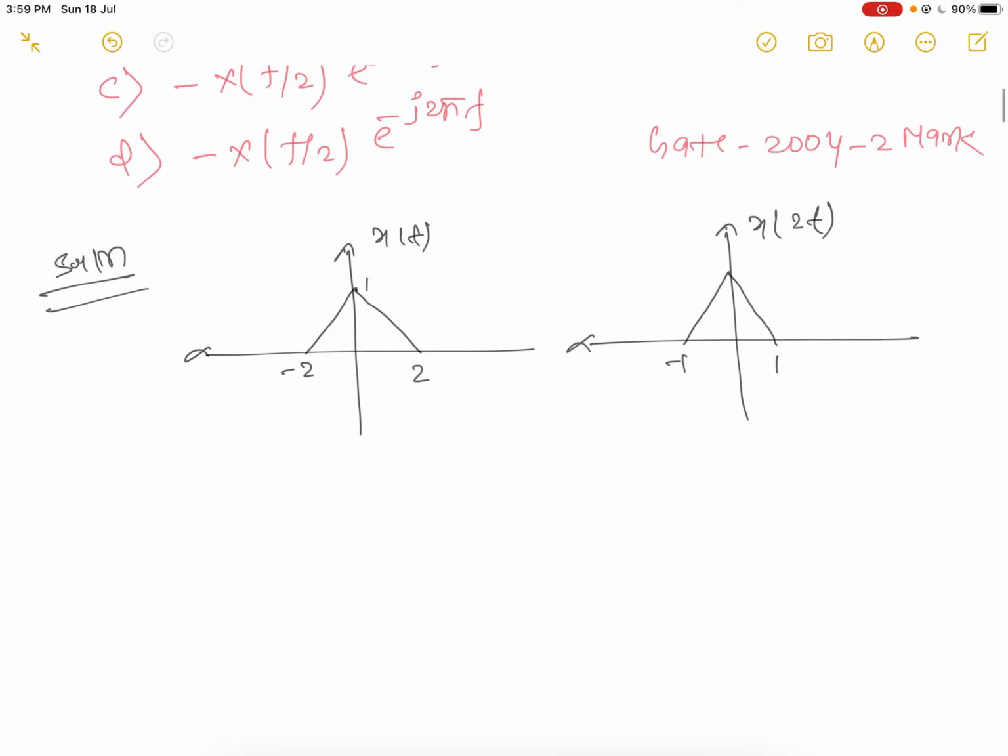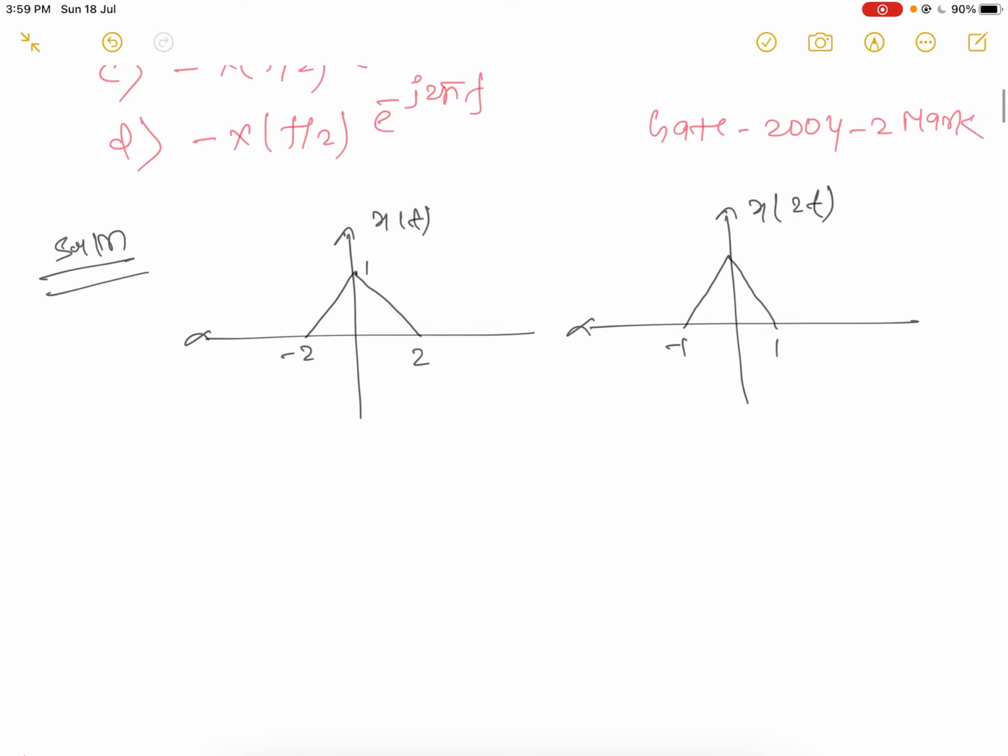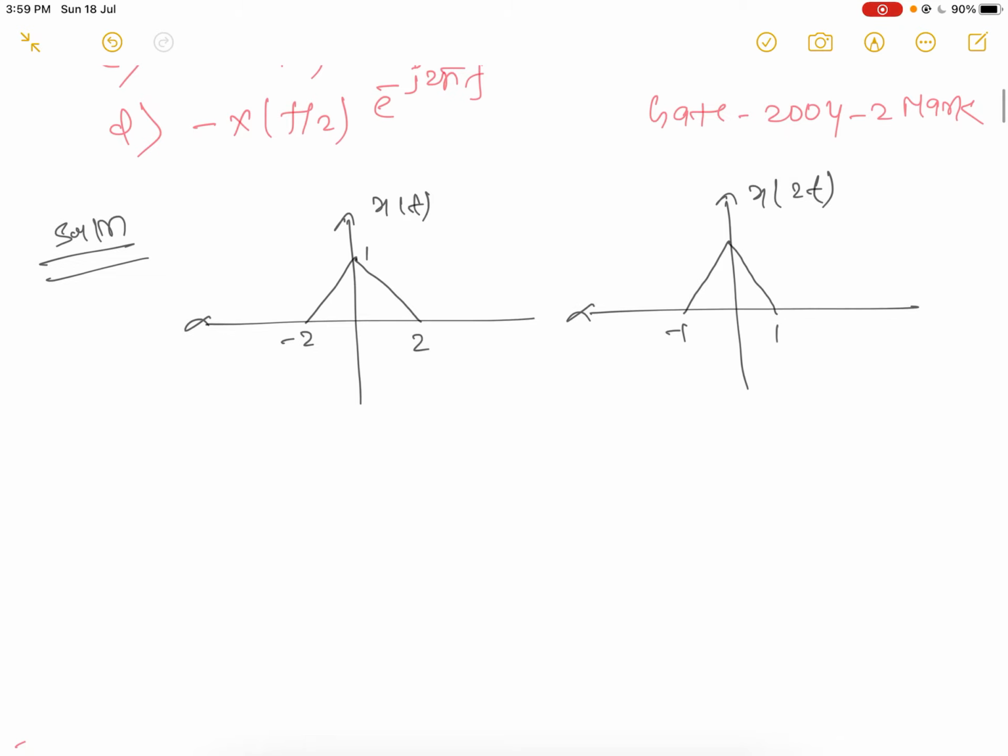Now take the inverse shifting for 1 unit. Then the graph becomes like this, when you shift 1 unit.